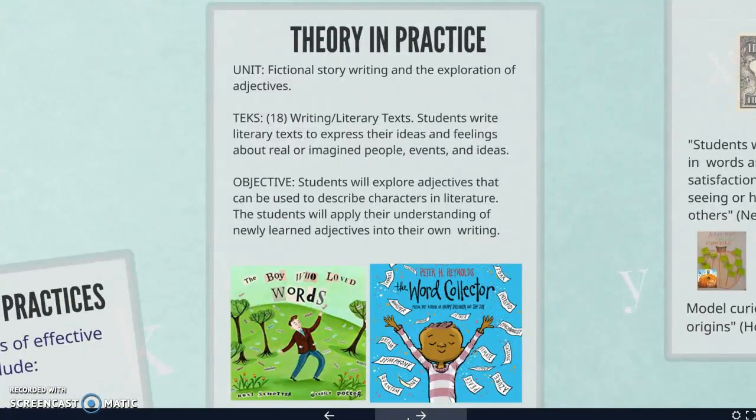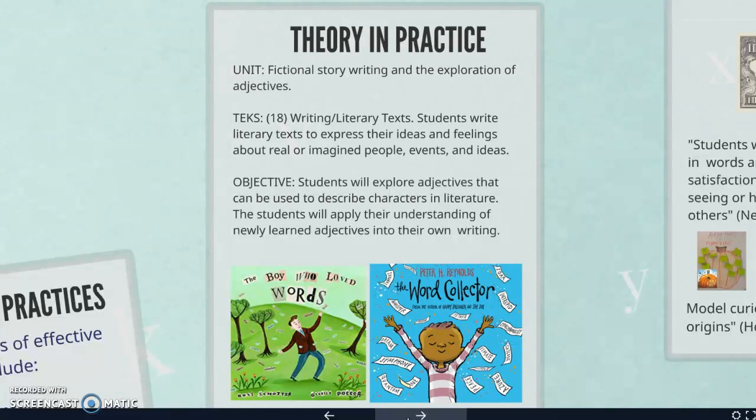So the way that I synthesized all this information was to apply vocabulary lessons into a unit where students will be writing fictional stories with beginning, middles, and ends, and they'll be using adjectives to describe different characters in their story, mostly to describe their main character.